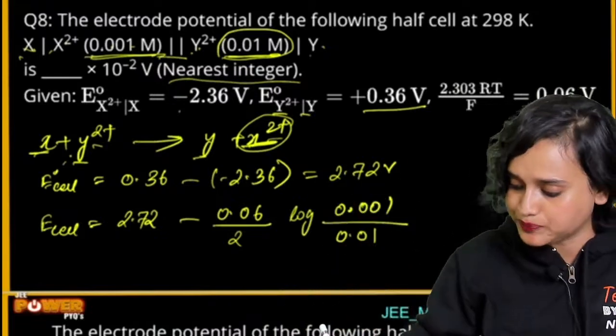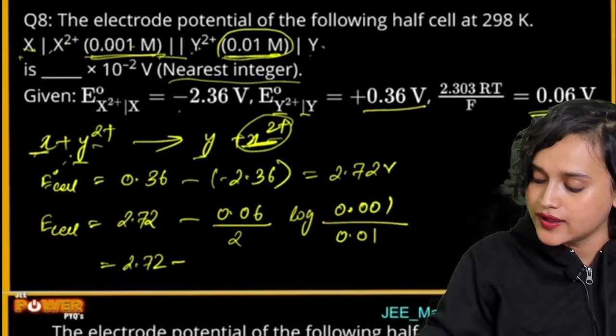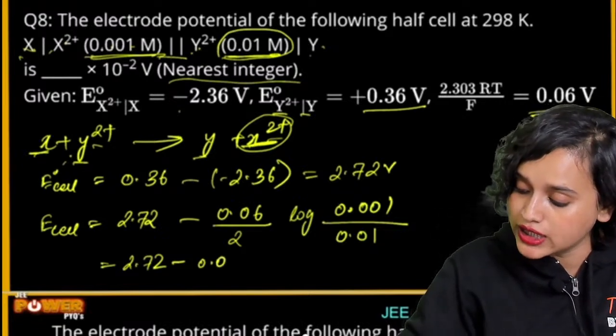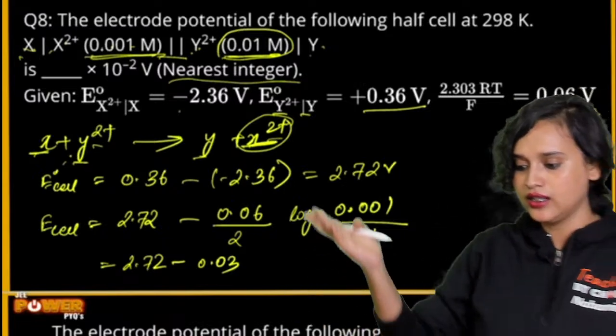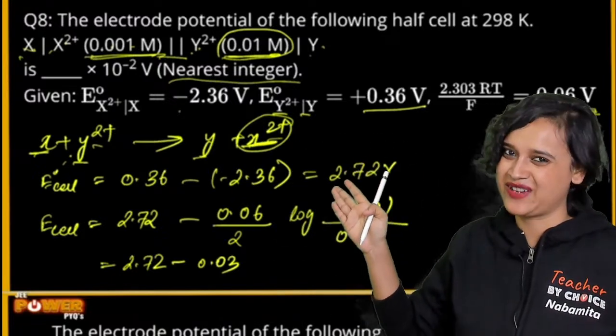Great. Now, if we solve this, we will get 2.72 minus 0.06 divided by 2. That means this will become 0.03. And what will this log value be? Come on, you know this.